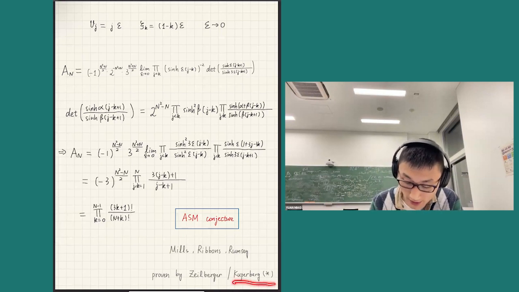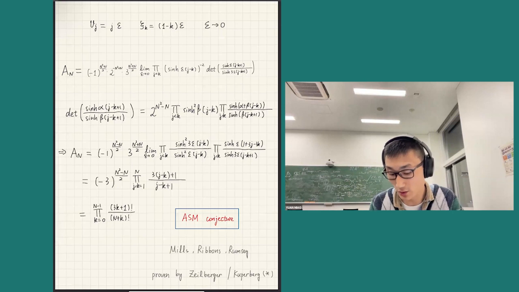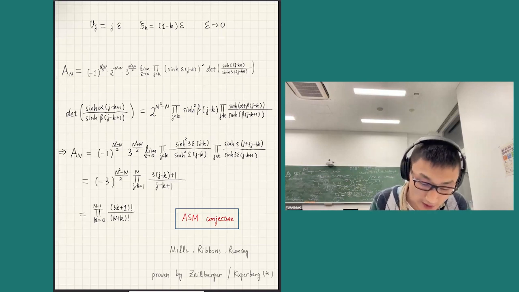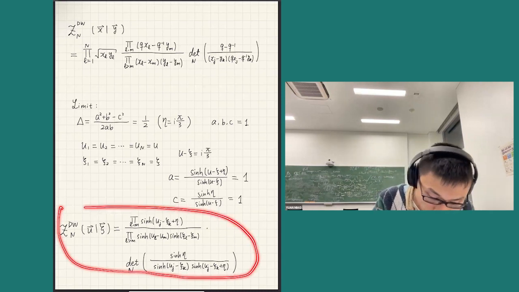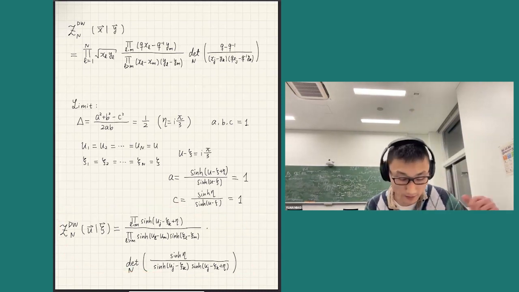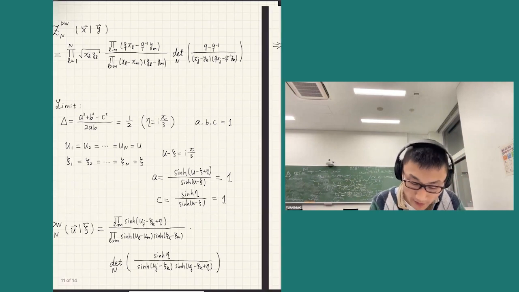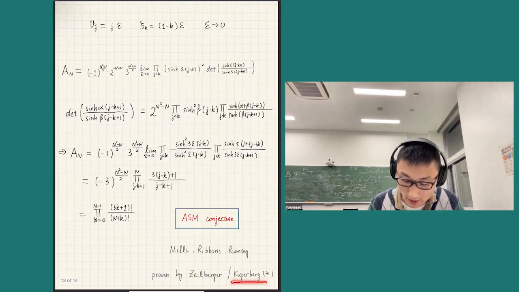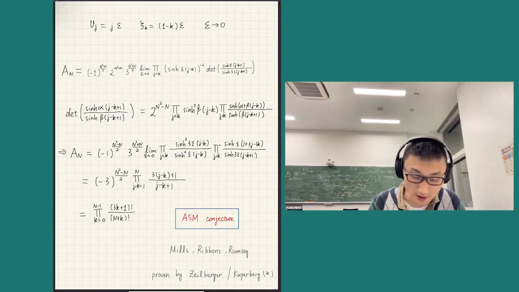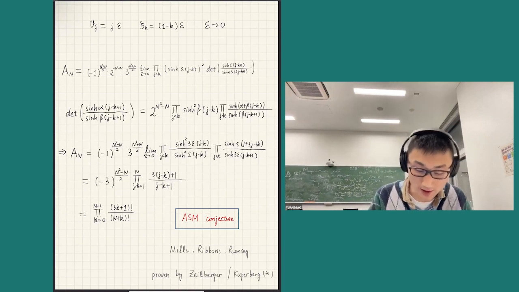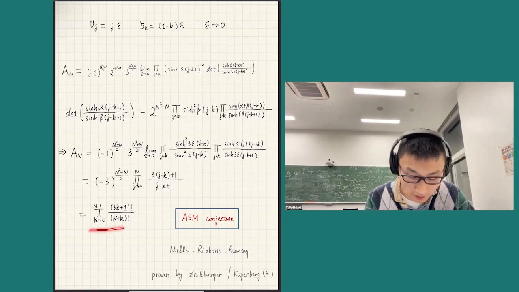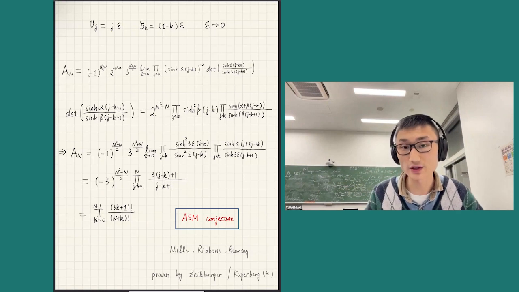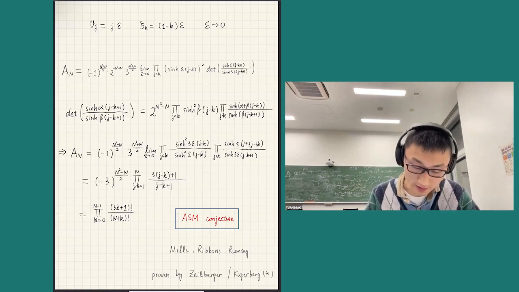But what was really remarkable is that Kuperberg, by using the partition function, which was known before Kuperberg by Korepin and Izergin, used this nice determinantal formula, and by taking this specific limit, he managed to prove the ASM conjecture, again using a very, very simple argument.